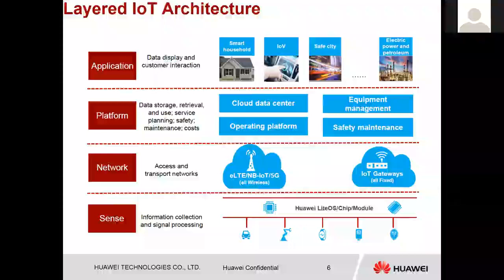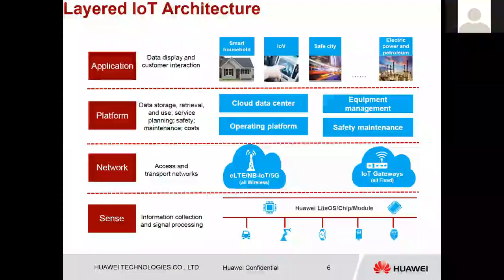And why do we call this sense? Because sense helps us collect the information from all the devices. And the second level is the network. In this level, we have many different types of network protocols. For wireless, we have LTE, NB-IoT, 5G, 4G, and Wi-Fi, and other wireless protocols.